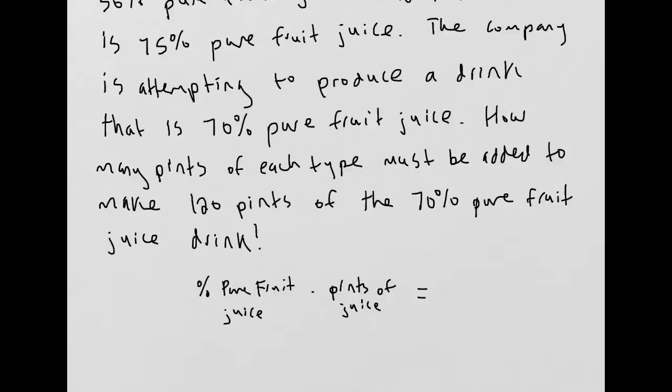So if I take the percent that's pure fruit juice and multiply by the total amount of juice I have, that's going to tell me how many of those pints are pure fruit juice. So that's going to give me pints of pure fruit juice.